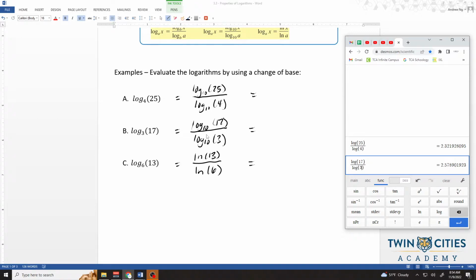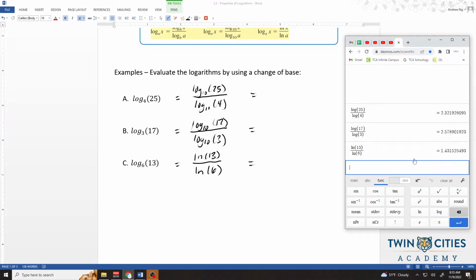So log base 10 of 17 over log base 10 of 3 is roughly 2.58. We'll round that up. And the natural log, so this one we'll do natural log of 13, over the natural log of 6. Okay, that is 1.43 roughly.